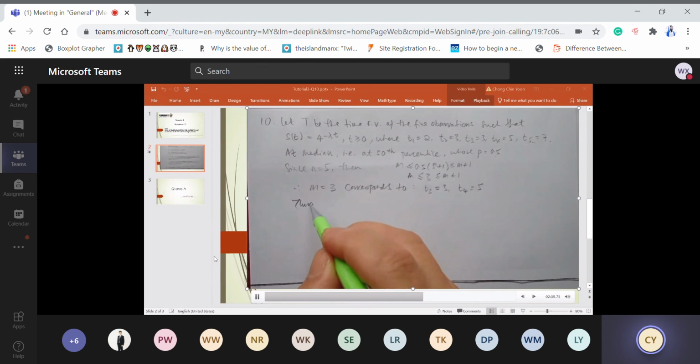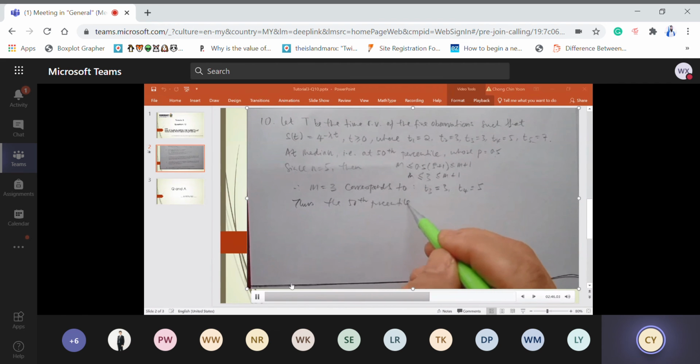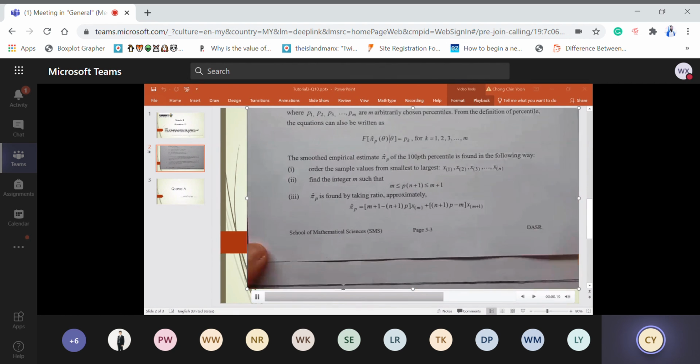Thus, the 50th percentile, that is the median, is given by the estimate of the 50th percentile, which is equal to this formula.